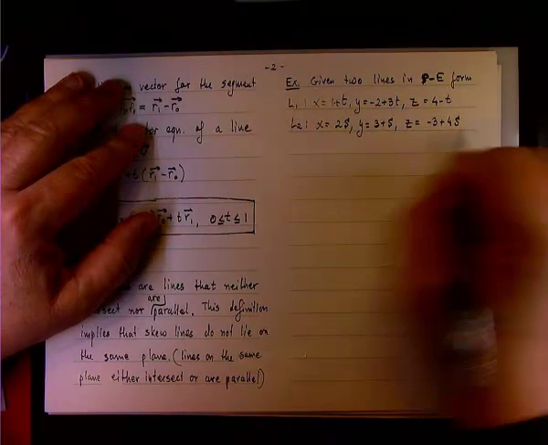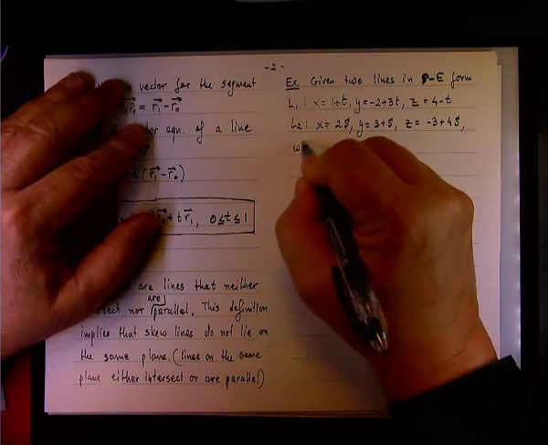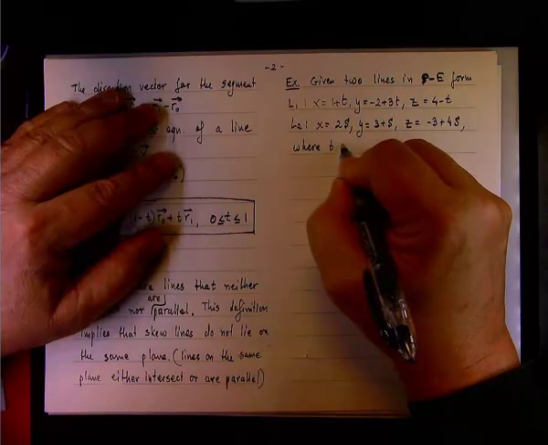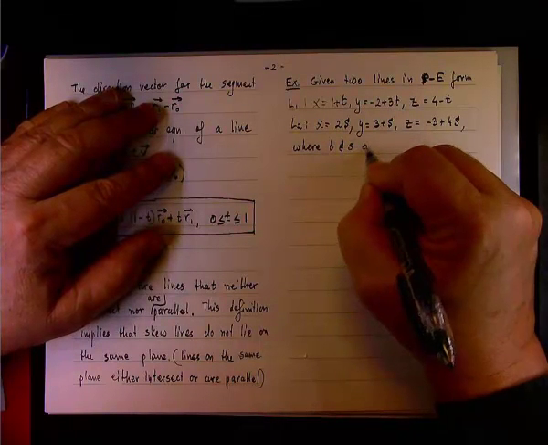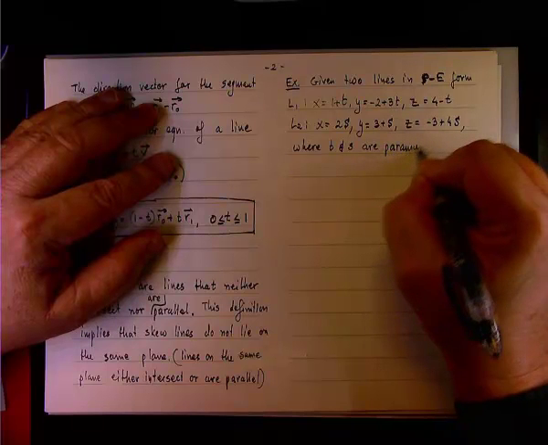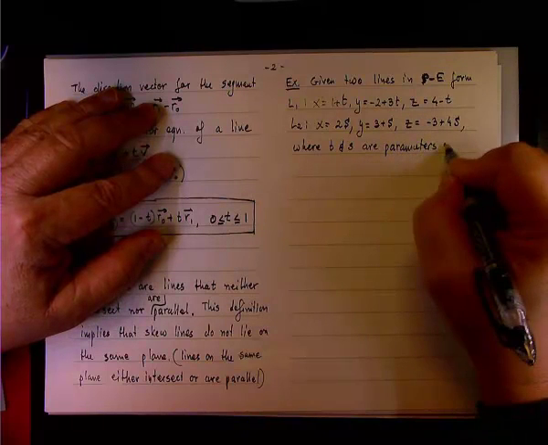I'm using a different parameter. y equals 3 plus s, and z equals -3 plus 4s.